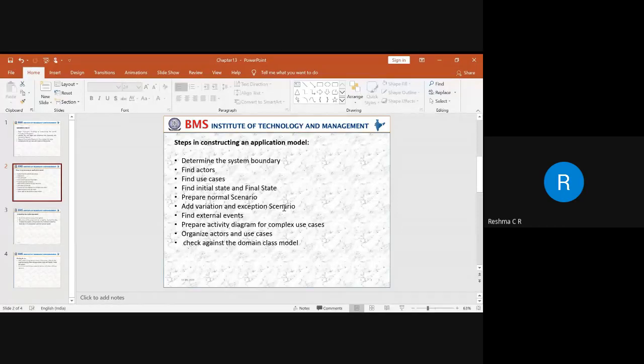All these things have to be rectified. Once these problems are rectified, we can have a final event, which is a successful transmission of the data, whatever data has to be transmitted to a particular bank. That is how we indicate finding the final state.